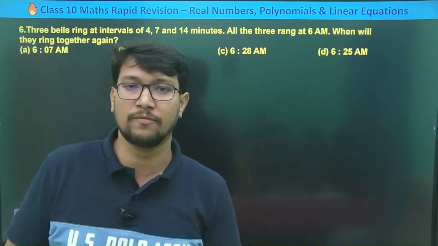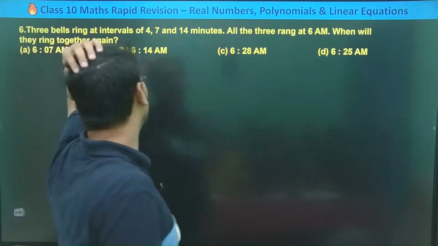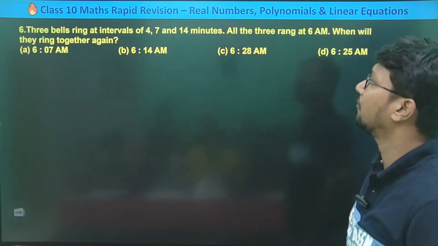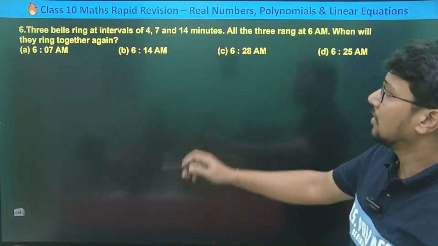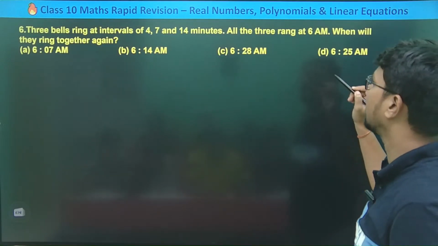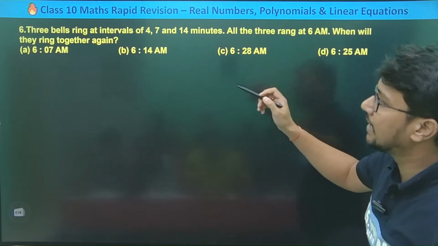See this question, answer quickly. Bells ring at intervals of 4, 7 and 14 minutes. All three rang at 6 am. When will they ring together again?